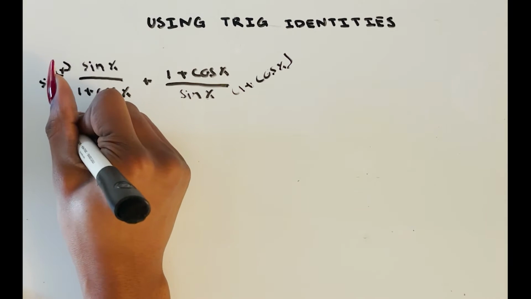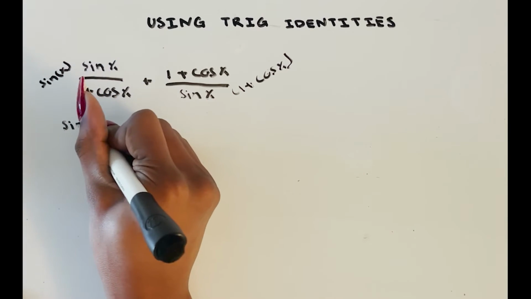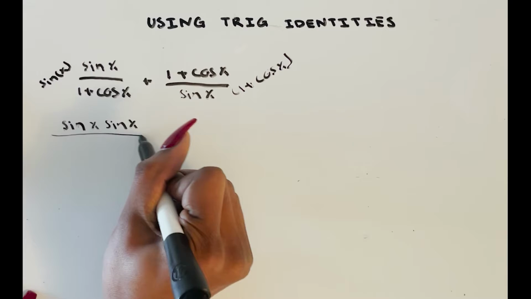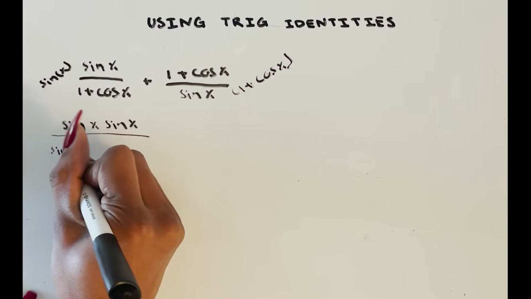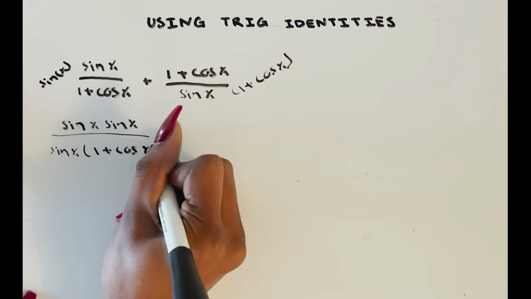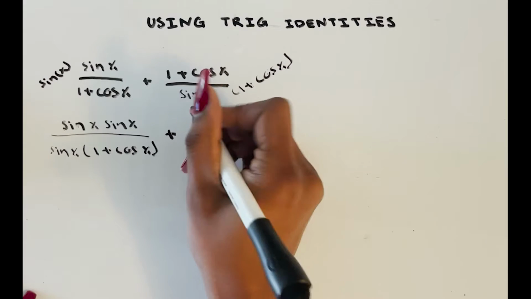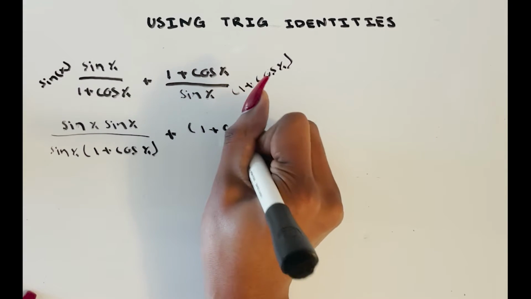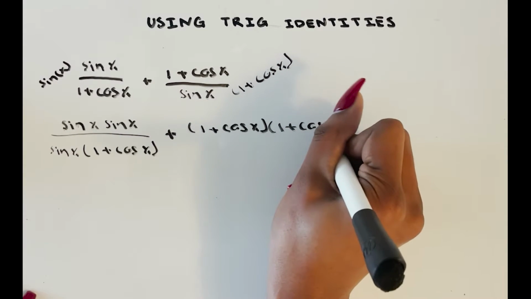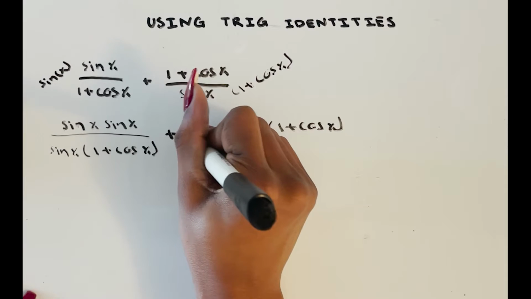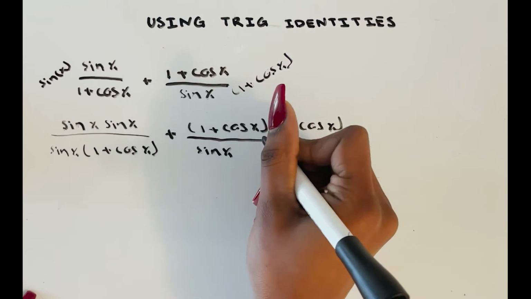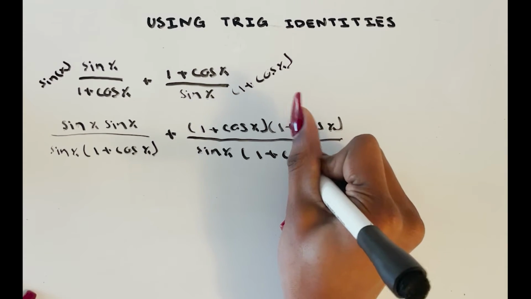leaving us with sine of x times sine of x over sine of x times 1 plus cosine x plus 1 plus cosine x times 1 plus cosine x over sine x times 1 plus cosine x.